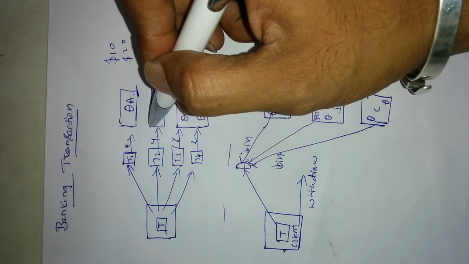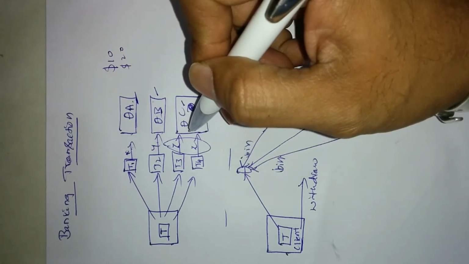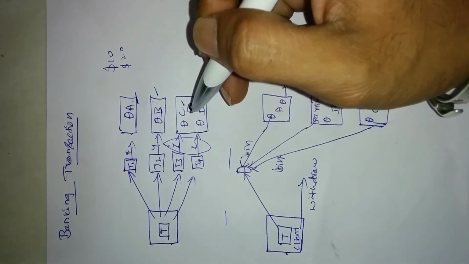Accounts C and D are at the same server, that is, the Z server.